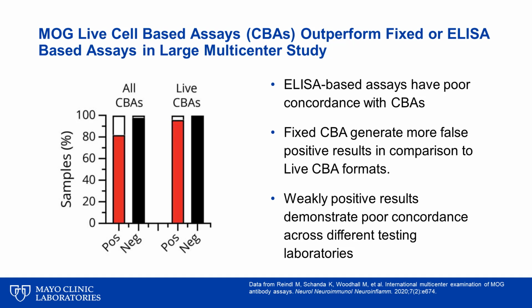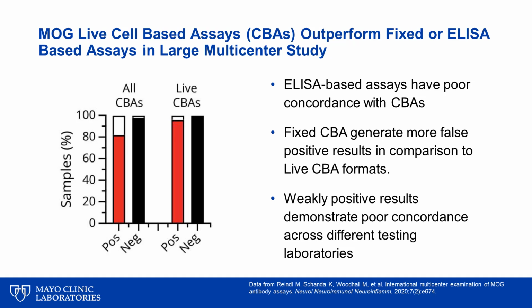Currently, our laboratory utilizes live cell-based assays to also detect antibodies that bind to the myelin oligodendrocyte glycoprotein, known as MOG, which serve as a biomarker of MOG-associated disorders, also known as MOGAD, which is a neuroinflammatory condition that clinically overlaps with NMOSD and multiple sclerosis.